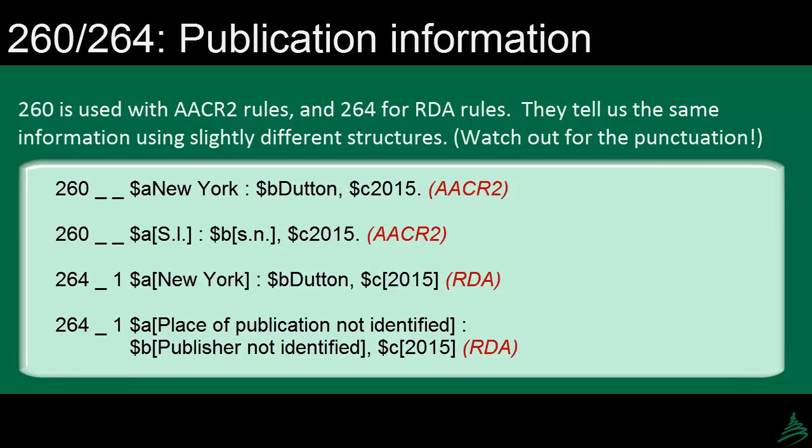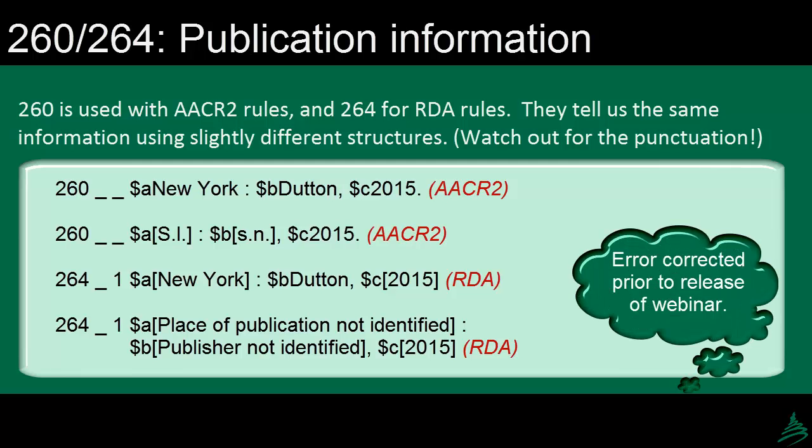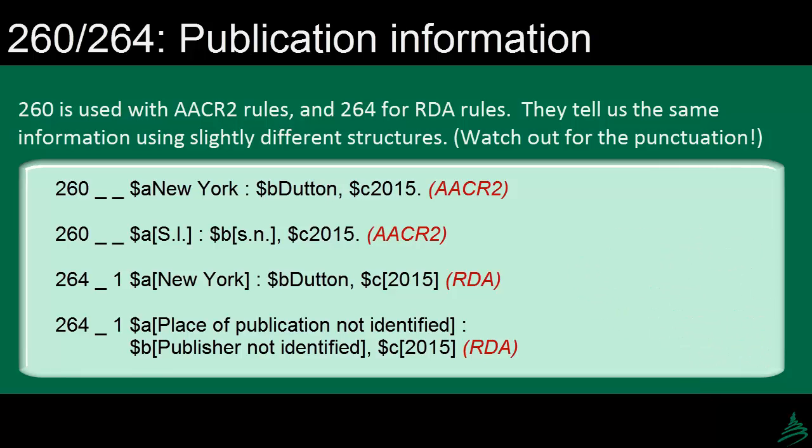We're using subfield A's, and we're using a colon after the subfield A in all of these. Subfield B's, oops, see, I made a typo here, that should be a comma. Commas after the subfield B. And then your subfield C's are going to be your date, the same in both RDA and AACR2.